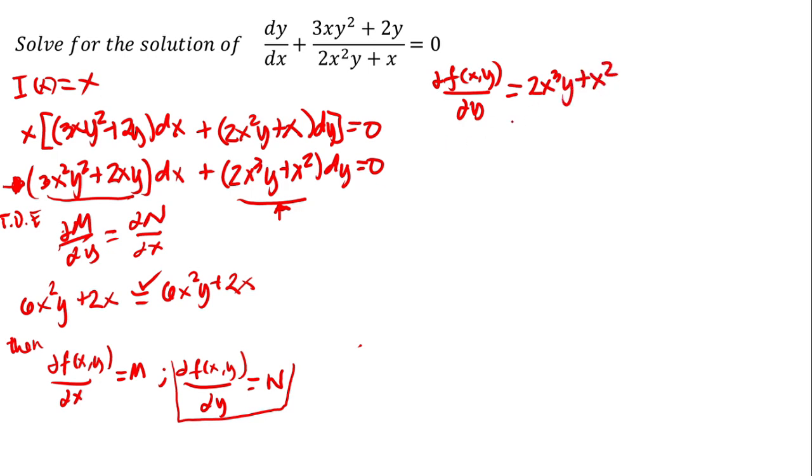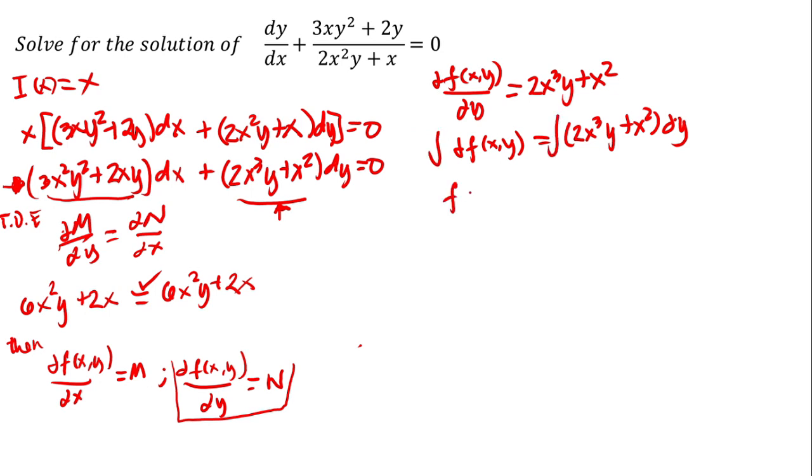So we cross multiply the dy, we have f(x,y) equals the integral of 2x cubed y plus x squared dy. So we can now integrate both sides.